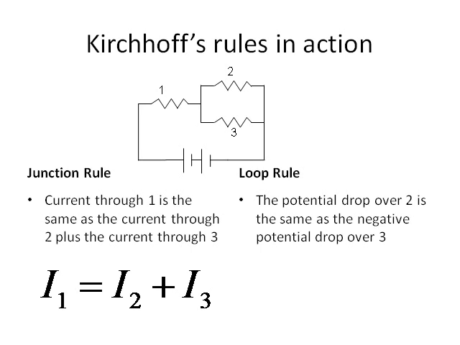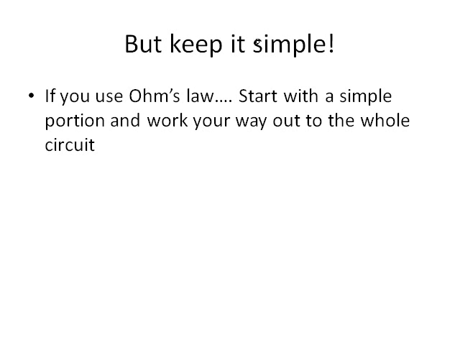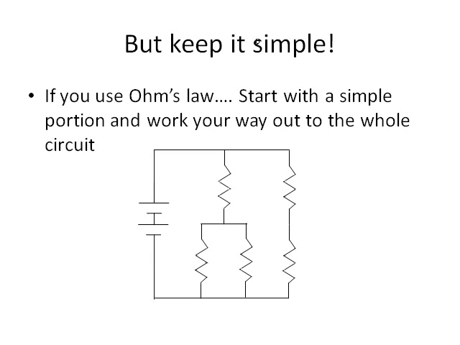It's a little bit hard. This all sounds super complicated, but I promise we can keep it simple. If you use Ohm's law, say you're trying to figure out the equivalent resistance and then figure out the current through the battery, start with a simple portion and work your way out to the whole circuit.